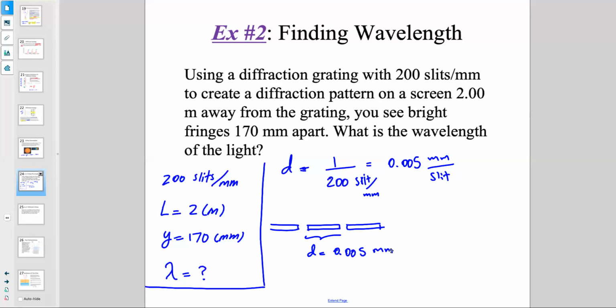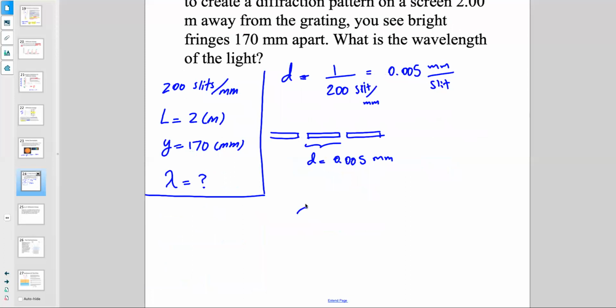In SI units, d is 5 times 10 to the negative 6 meters.